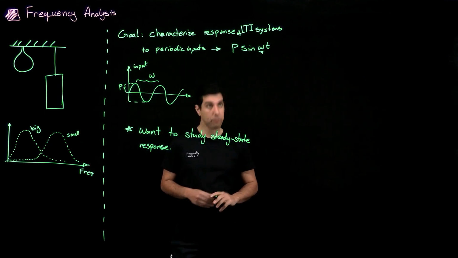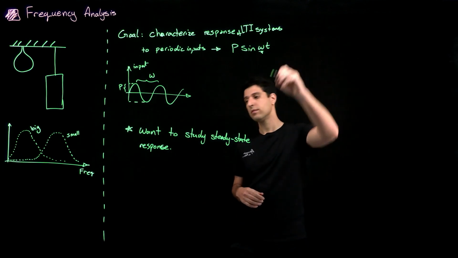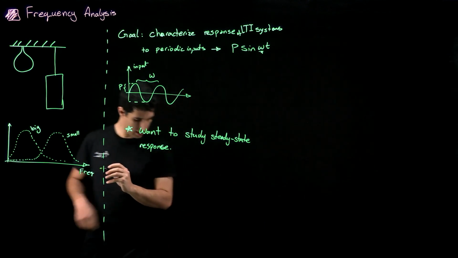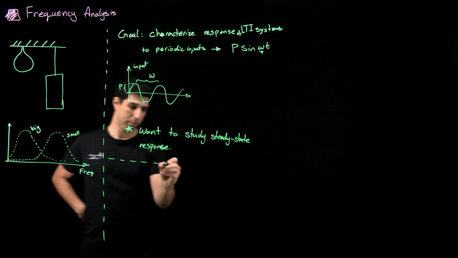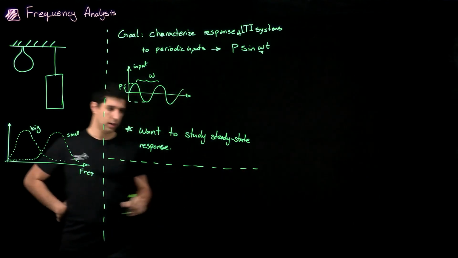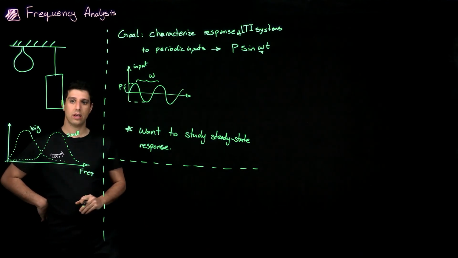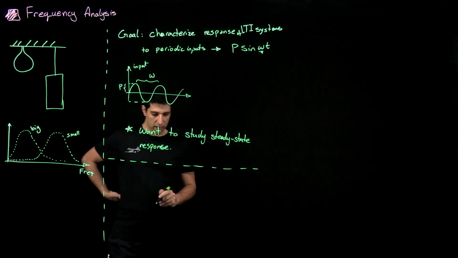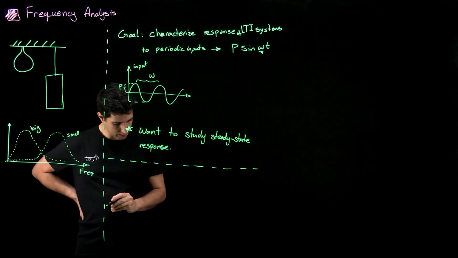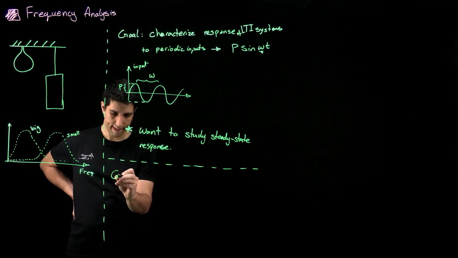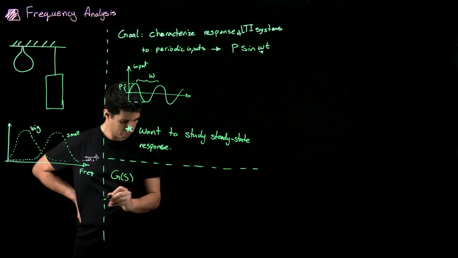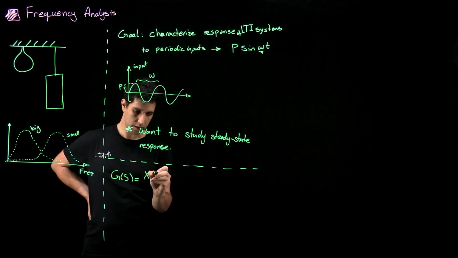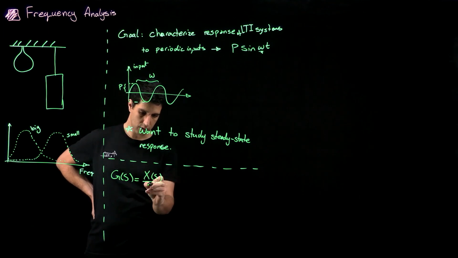All right. Maybe I can start by formalizing the problem here. So imagine we have a transfer function, G of s, that is our X of s over U of s.